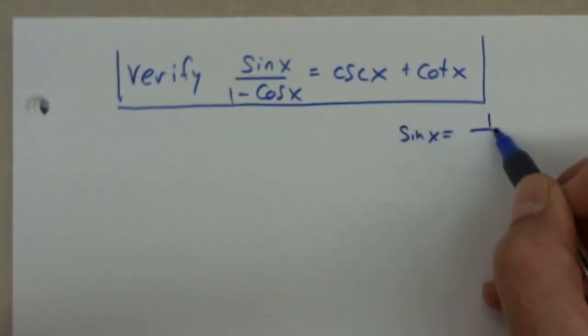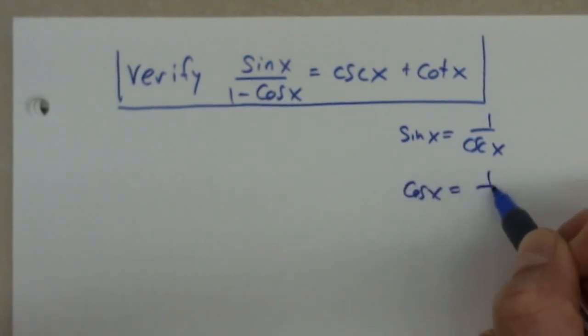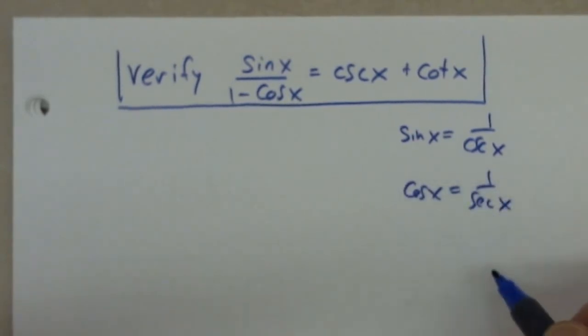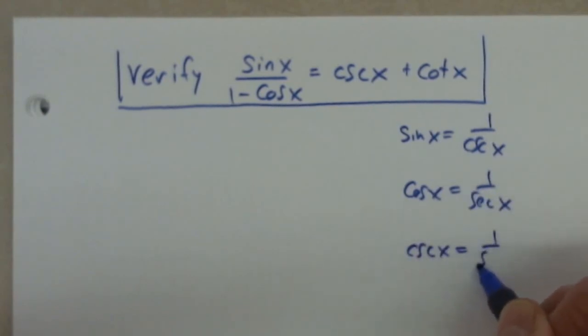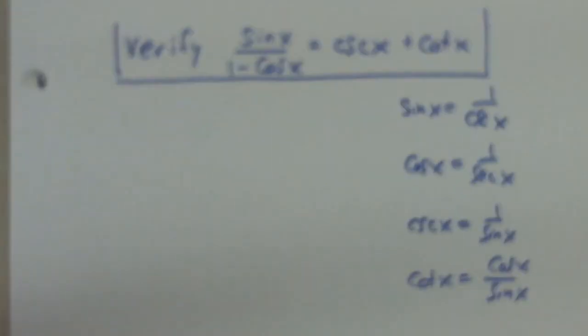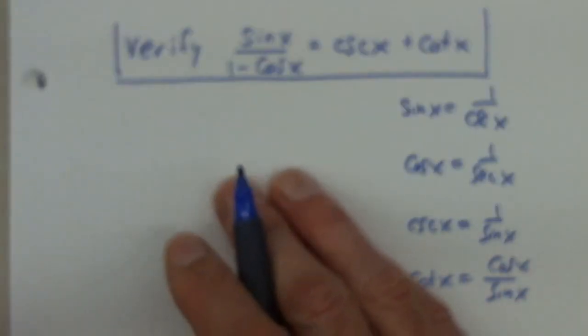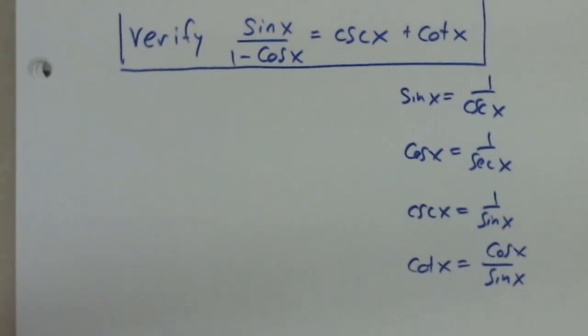Let's think of what we might need. And we have a cosecant, cotangent. So when you make this list, maybe there are some that we forget, but it's a way to get started.